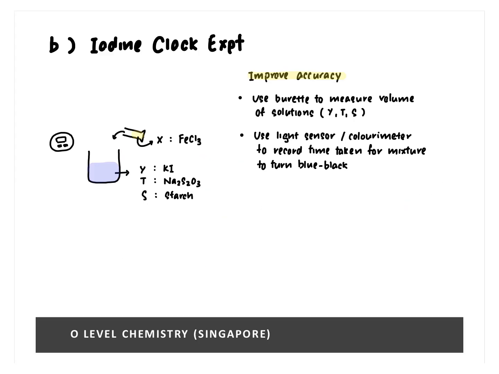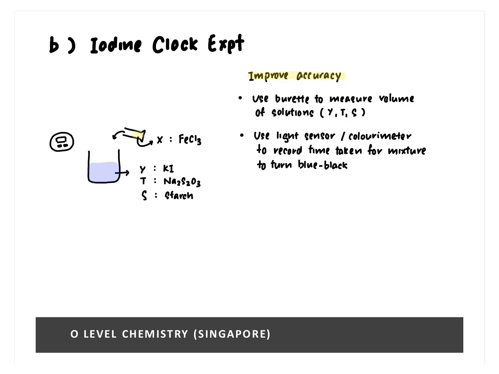The last part of the question is for students to indicate ways to improve the accuracy. To think of ways to improve the accuracy of the experiment, you can go along the lines of analyzing which parts of the experiment were inaccurate. And obviously, a measuring cylinder is not the most accurate apparatus for measuring volumes.